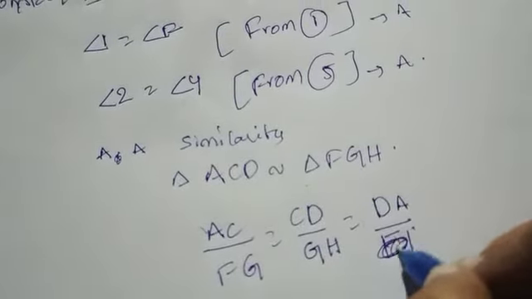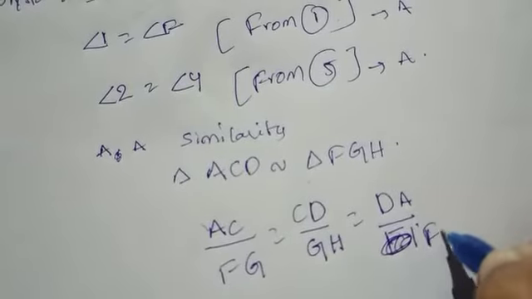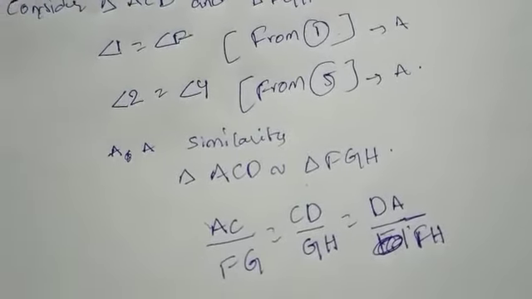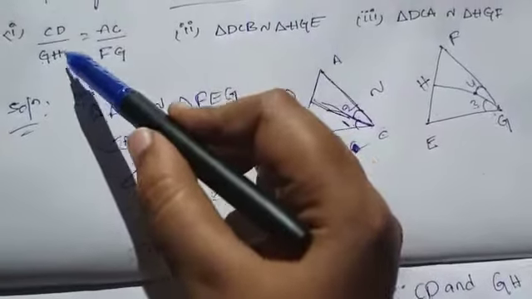Sorry, DA by FH. See, we have to prove CD by GH equals AC by FG.